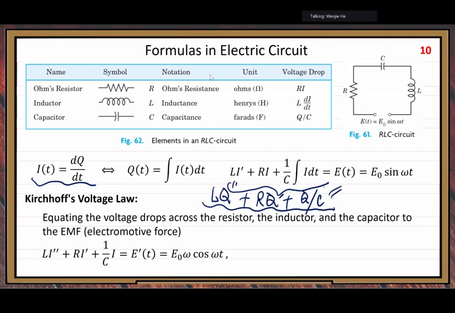Because this equation is always true, we can take the derivative of both sides, and we get another second order ODE: L times I double prime plus R times I prime plus, for the integral, we apply the fundamental theorem of calculus, so the derivative of this integral gives I. Then E prime, by the chain rule, we can find easily. You can also solve this second version.